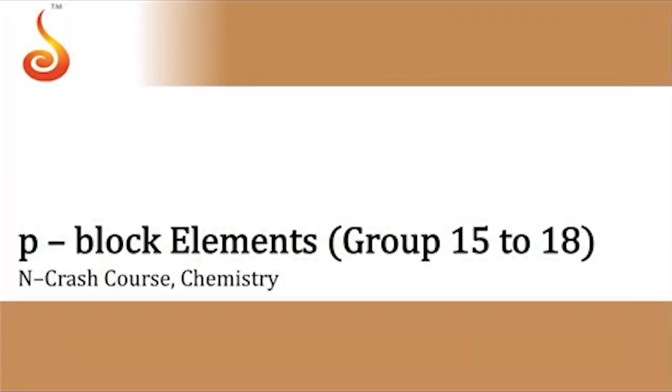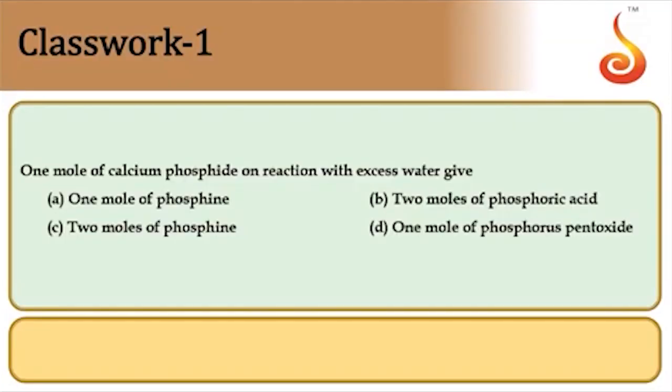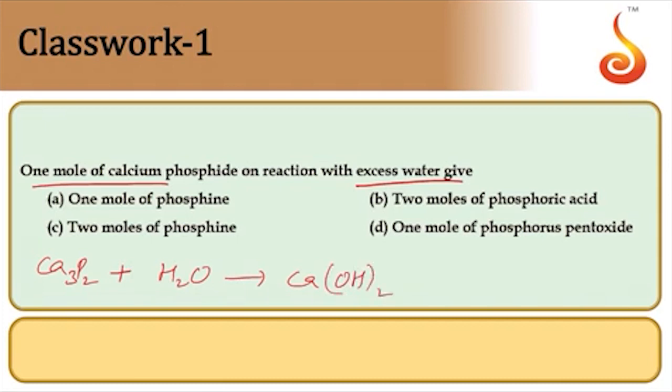Today we will discuss objective questions from P block elements. First one: 1 mole of calcium phosphide on reaction with excess of water gives how many moles of phosphine? Ca3P2 plus H2O gives calcium hydroxide plus phosphine gas.